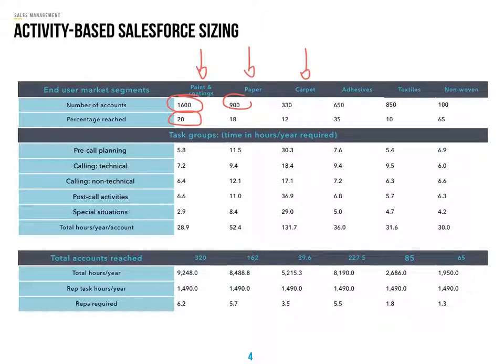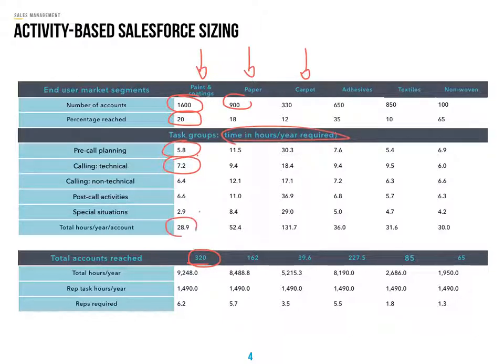So then you have a specific number of customers, 320. And then here you do the workload, the pipeline method. Here you see that maybe I need to spend this number of hours for pre-call planning, this number of hours for technical, etc.